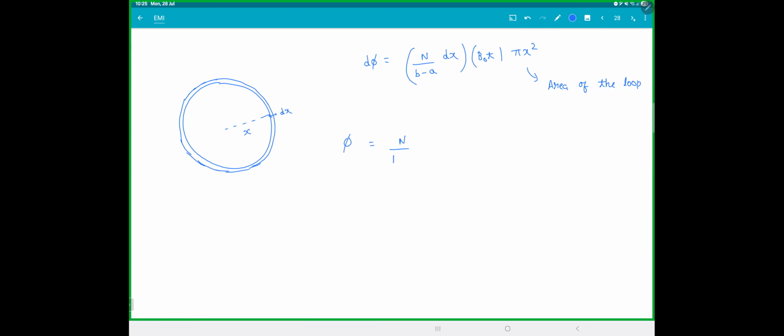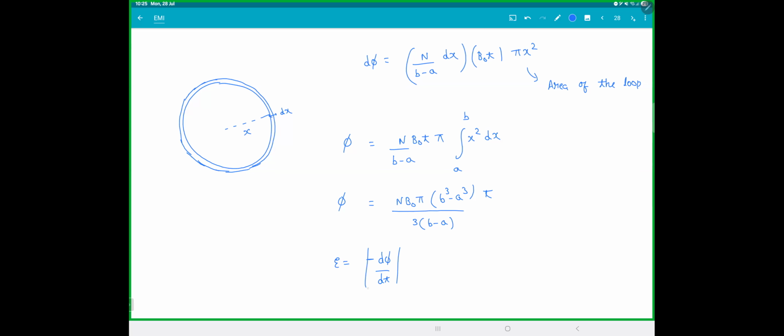So this will be N by (b minus a) times B naught t pi, integral of x square dx from a to b. This is N B naught pi (b cube minus a cube) by 3 times (b minus a) times t. Therefore, EMF will be the derivative of this.